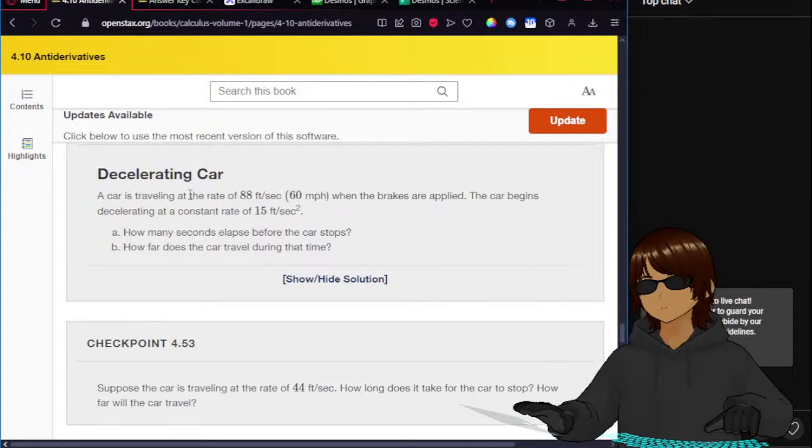A car is traveling at the rate of 88 feet per second when the brakes are applied. The car begins decelerating at a constant rate of 15 feet per second squared.